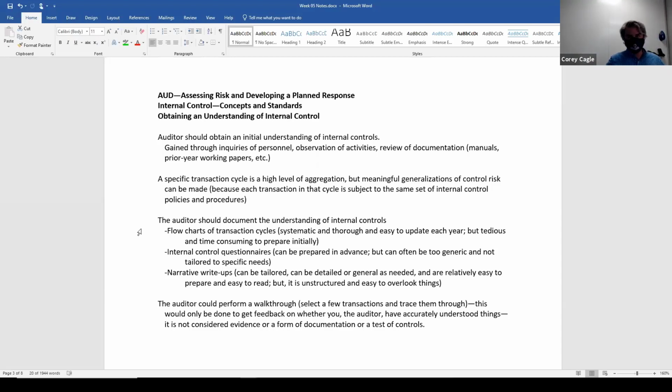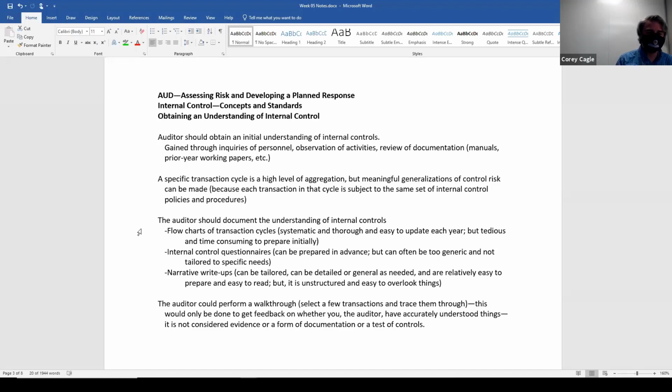Like symbols, this is a decision point. Yeah, and there's one for like storage and stuff like that. I've tried to forget all that.